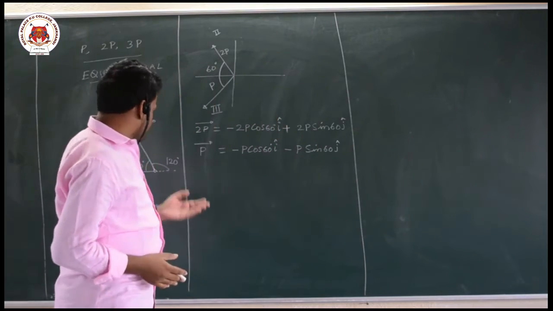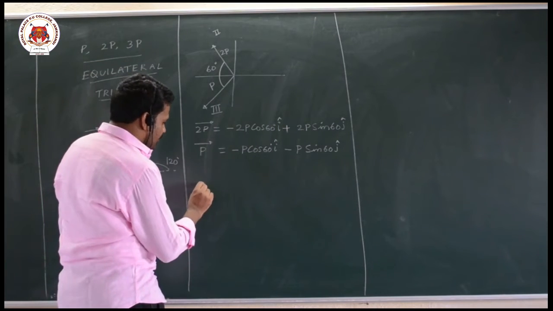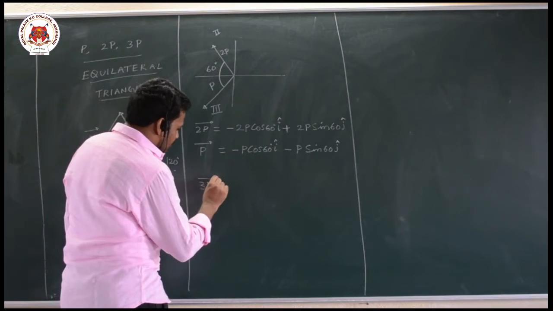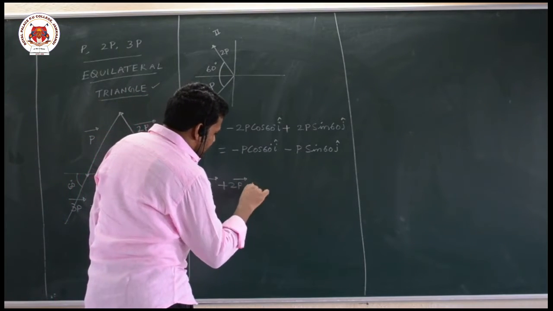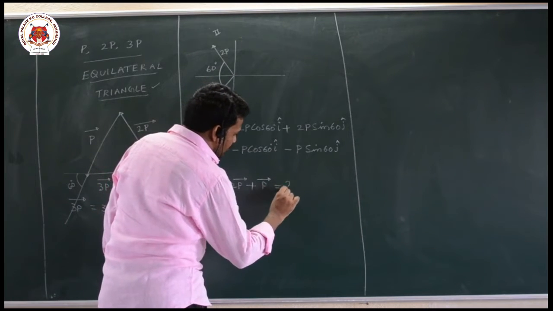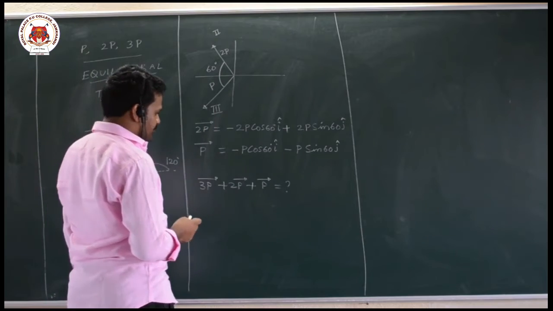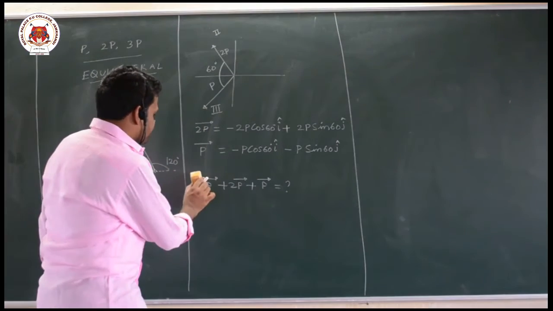This is the representation. Now what do we want, according to the given question? We want 3p bar plus 2p bar plus p bar, equal to how much? Just add all three.